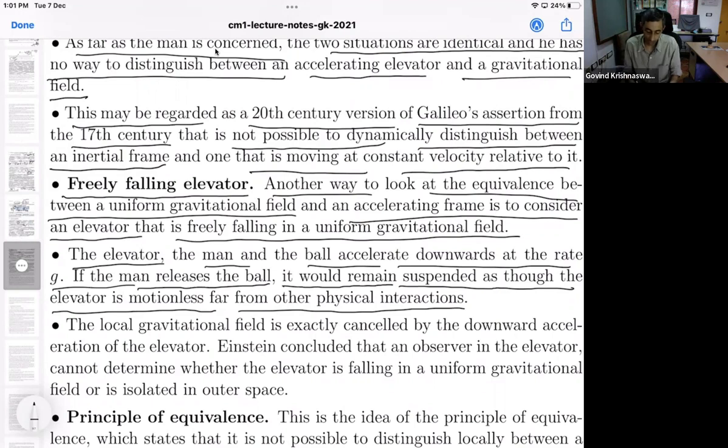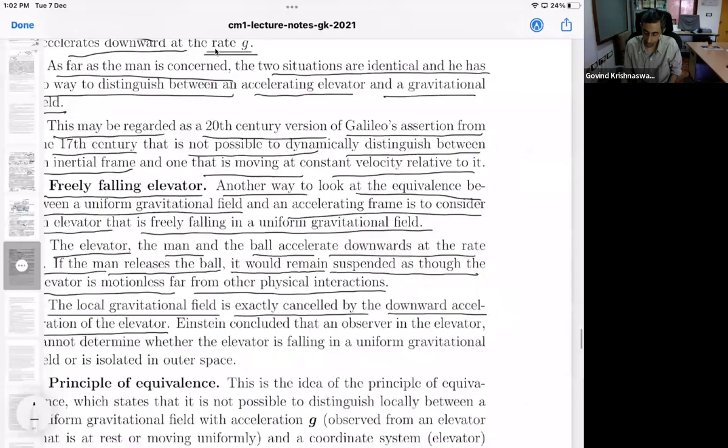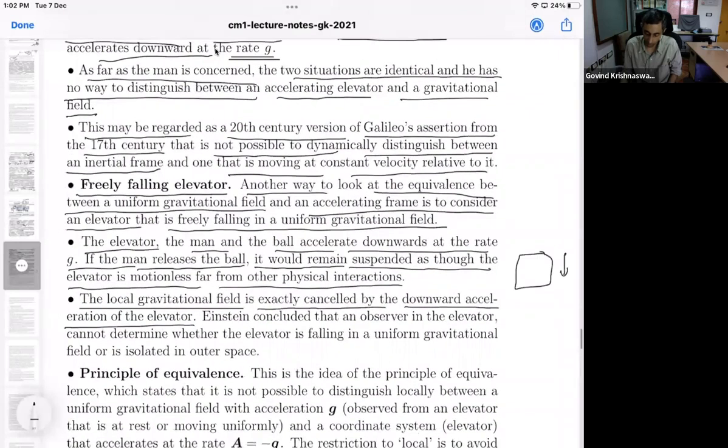And why is that? According to our discussion, the local gravitational field, which is downward and wants to accelerate the ball, is exactly cancelled by the downward acceleration of the elevator. See that? We are now in an accelerated frame. The elevator is accelerating. In an accelerated frame, there is a fictitious force that points opposite to the direction of acceleration. So this is a freely falling accelerated observer.